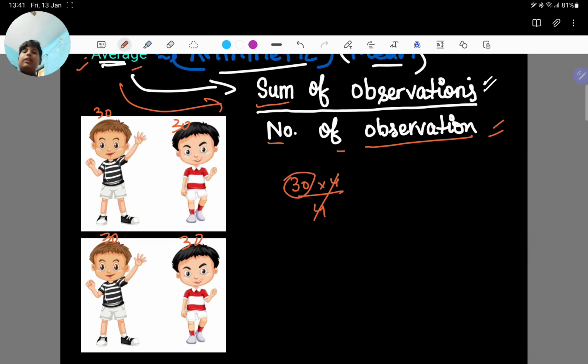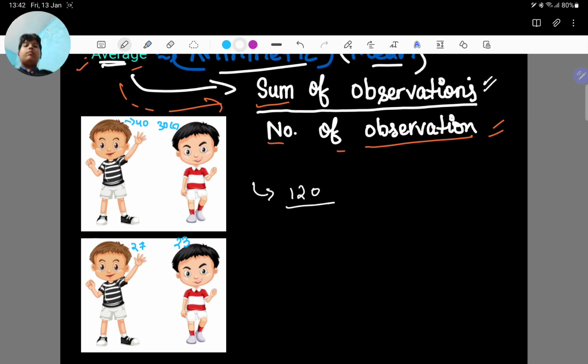What we mean is that some quantity is given to these children, they have 30 for example, and the sum comes equal. The sum is 120. For example, here we have 40, 30, 27 and 23.